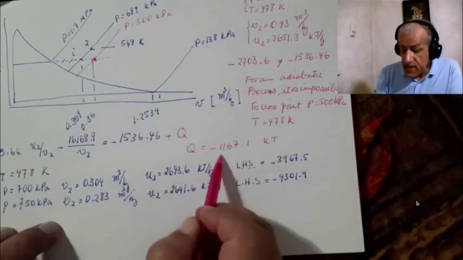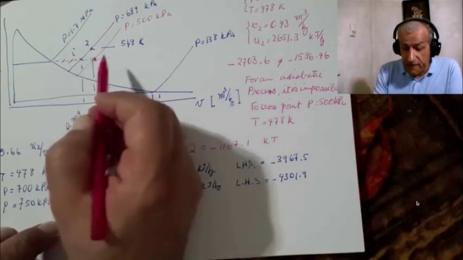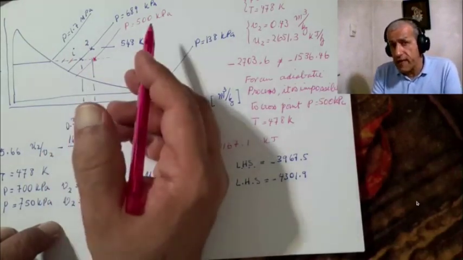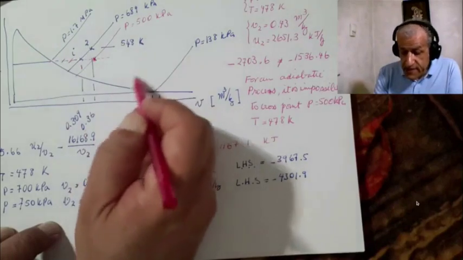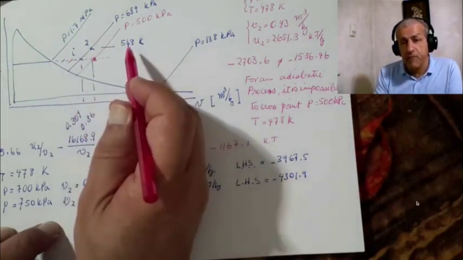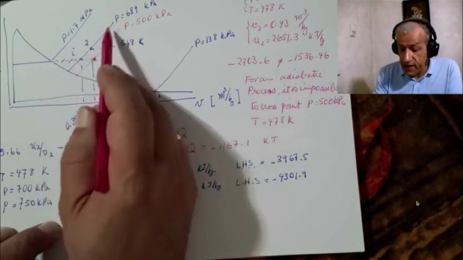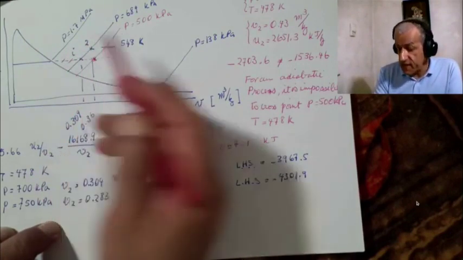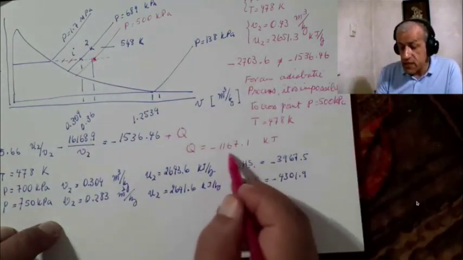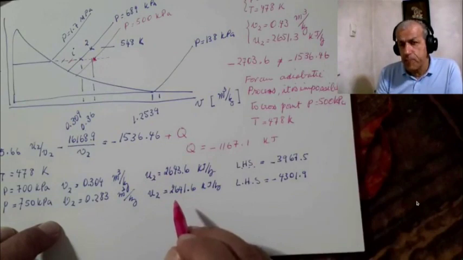In fact, this process could have any heat transfer and end up anywhere on this line. It could have a pressure higher than 689, but with losing some heat, it could end up here.